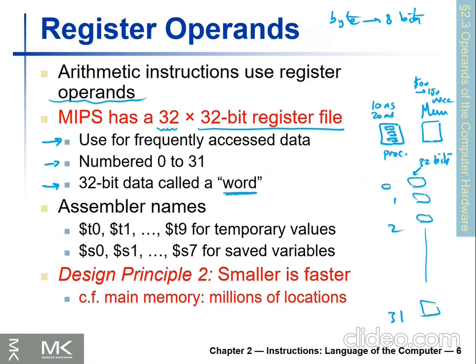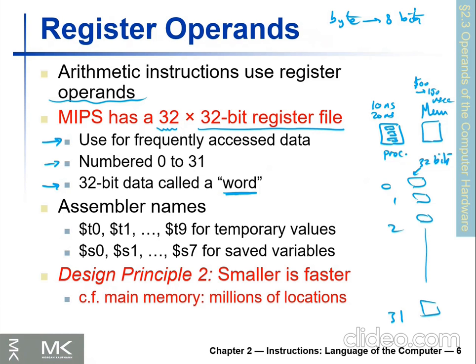So we will not call these registers 0, 1, 2, 3 until 31. No, we usually assign them some functions, some jobs that they are specialized to do. So some of them, for example, are used for temporary data. Some others are used for saved variables.